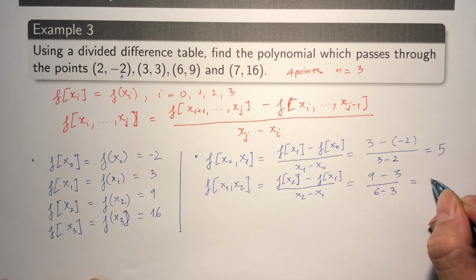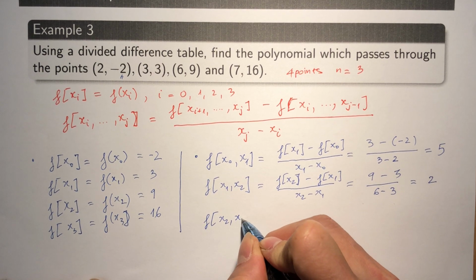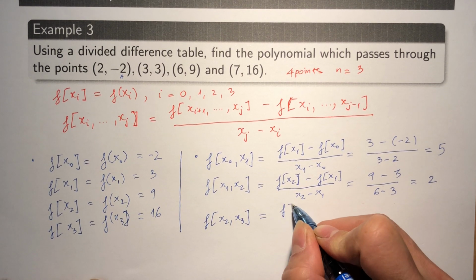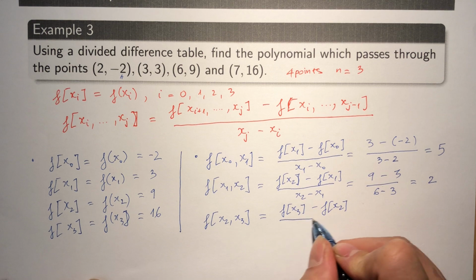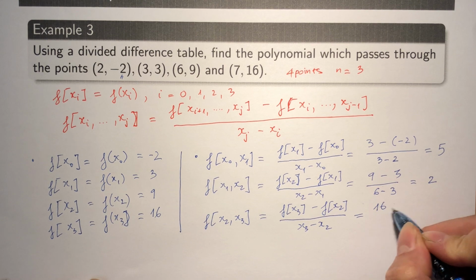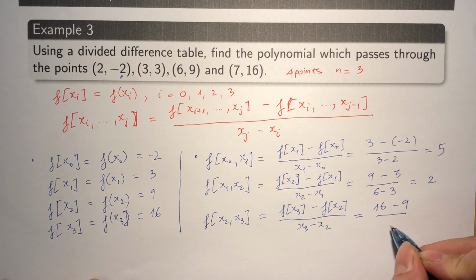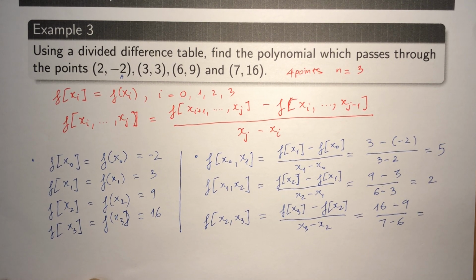So this one equals 2. f[x2, x3] equals f x3 minus f x2 over x3 minus x2. Right? So 16 minus 9 over 7 minus 6. This equals 7. So this is the first derivative.